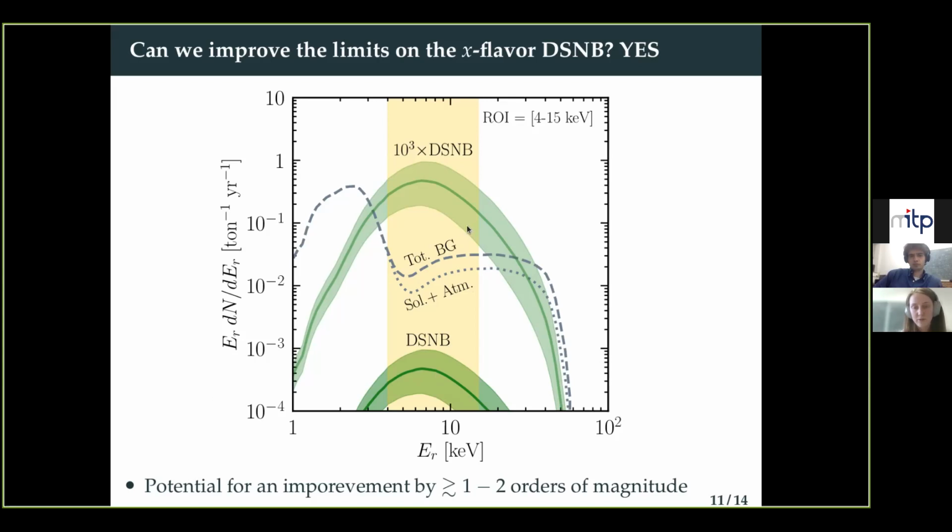But if we look at the DSNB scaled by a factor of 1,000, which is basically what current limits are, it looks like we can put some limits in these detectors that would improve the current limit by one or even two orders of magnitude.